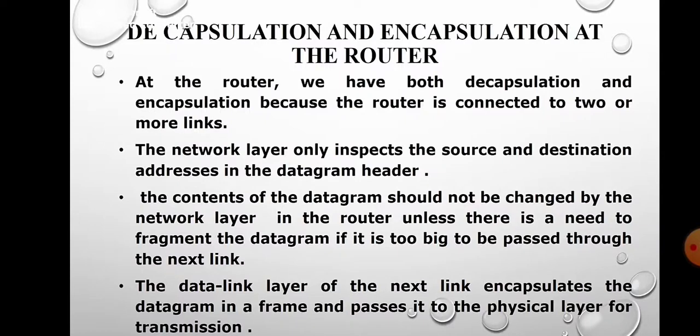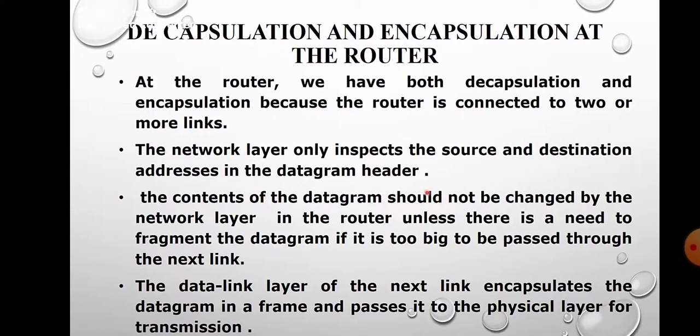Decapsulation and encapsulation at the router. The router is responsible for both encapsulation and decapsulation because the router is connected to two or more links. The network layer just checks the source and destination address in the datagram header.